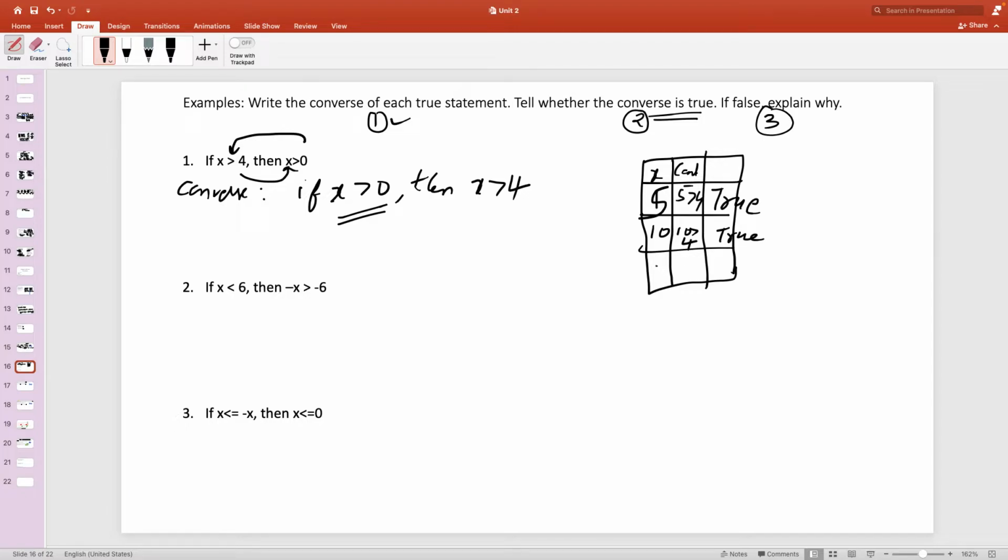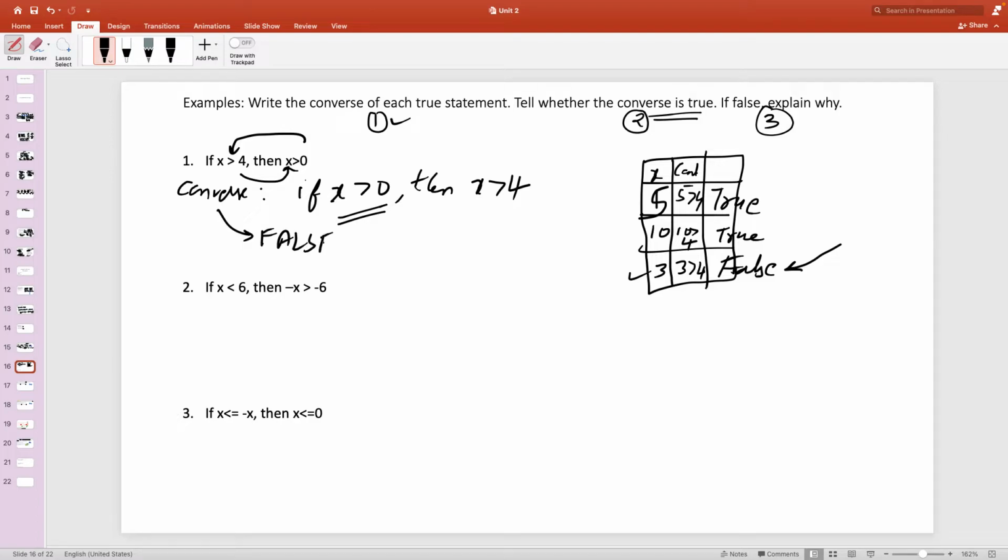But what if I pick x equal to 3? Now look, 3 is greater than 0, so this is good, but is 3 greater than 4? That's not true, so this becomes false. All you need is one false situation, and the moment that happens, this converse becomes false.